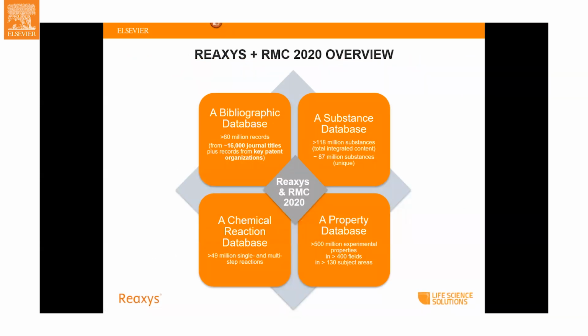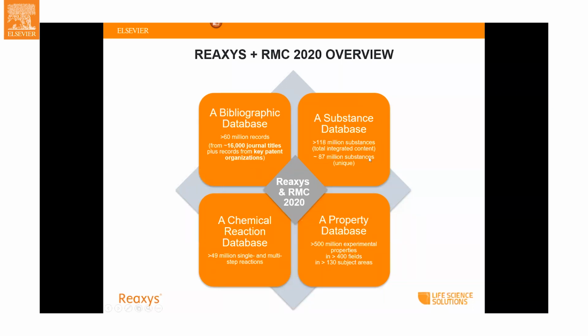Once we start to talk about Reaxys, we need to know that inside of Reaxys, there are several databases. One of them is the database of bibliographic records, which covers about 16,000 journals and conferences, and in addition to that, 7 key patent organizations.